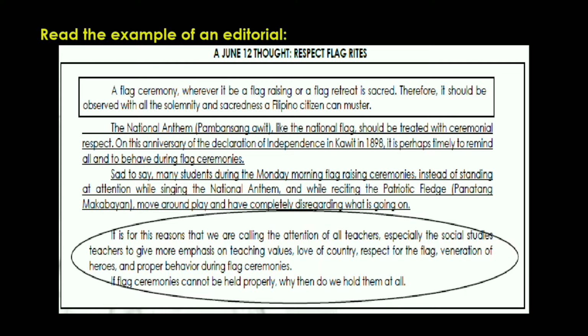While the paragraph inside an oval gives the conclusion, where you can express solutions to the problem. So you can persuade or challenge the reader to be informed on this part. Okay, so the first paragraph is the introduction. The paragraph with underlines is the body. And the last one, the paragraph inside the oval, is what we call the conclusion.